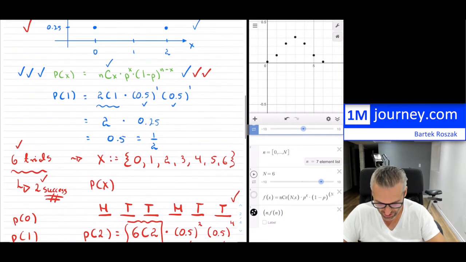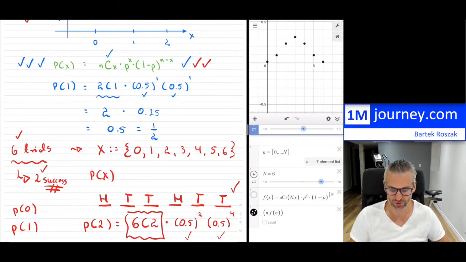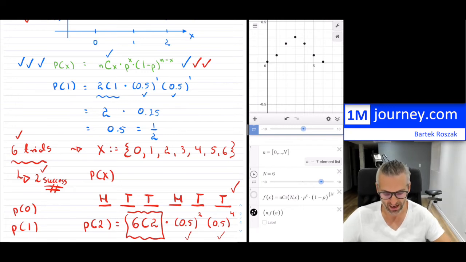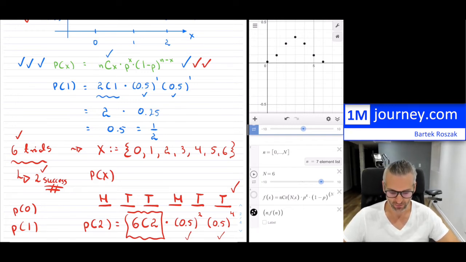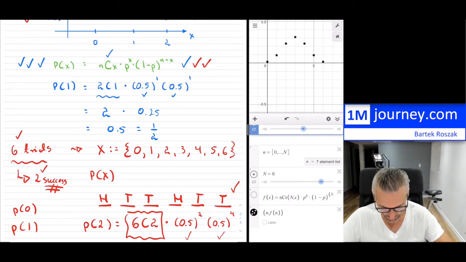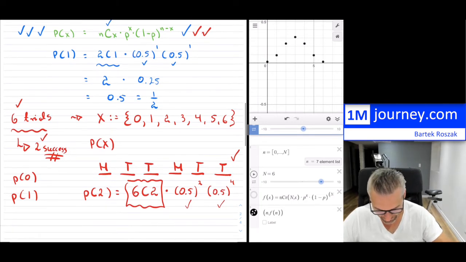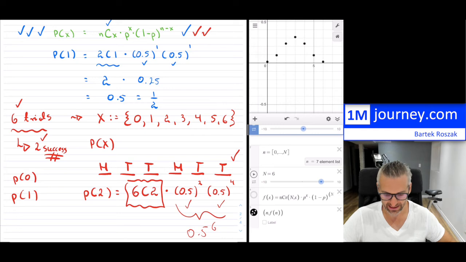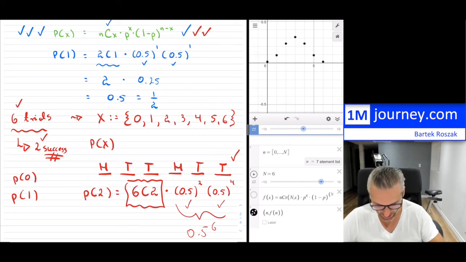And let's try to see. So that was 6 choose 2, multiplied by 0.5 squared, multiplied by 0.5 to the 4. So this right here together is just 0.5 to the 6, and then 6 choose 2, which we can do.